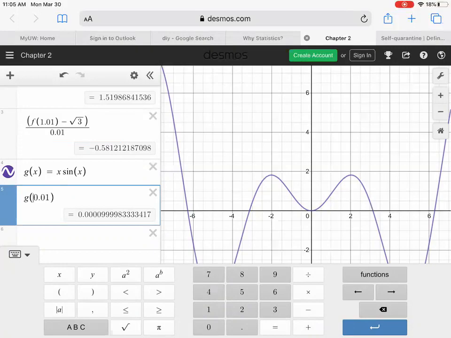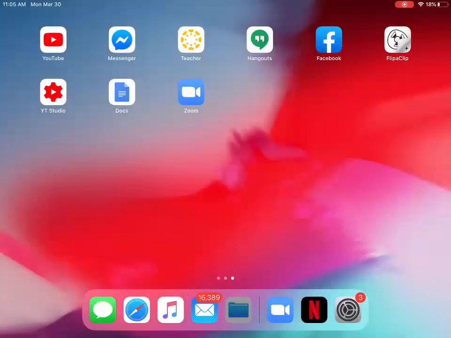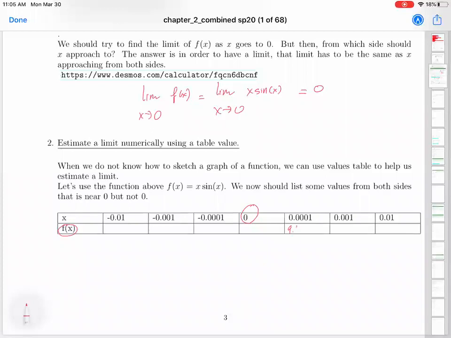So I go to my table and I can put in here 9.99 times 10 to the negative 9, 9.99 times 10 to the negative 7, 9.99 times 10 to the negative 5. And symmetrically, I would have 9.99 times 10 to the negative 9, 9.99 times 10 to the negative 7, 9.99 times 10 to the negative 5. Okay, so these are very small numbers that are very, very close to 0.